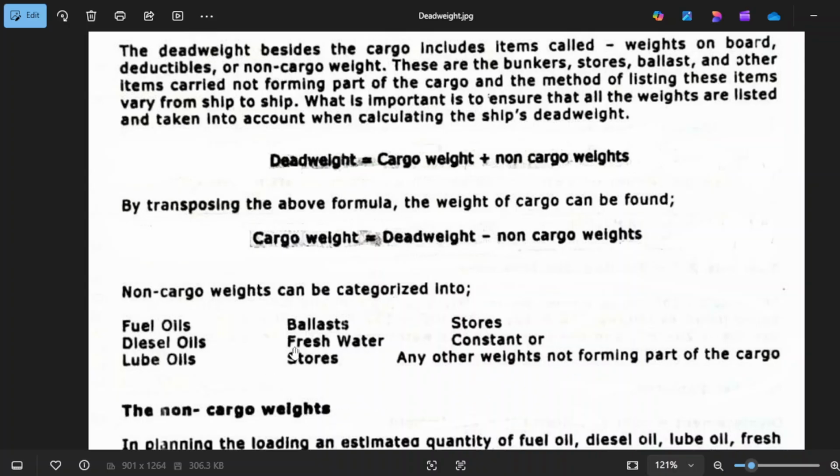So all weights within the vessel are what you call non-cargo weights, and the cargo weights are the weight of the cargo from holds 1 to 4. So deadweight is cargo weight plus non-cargo weight.